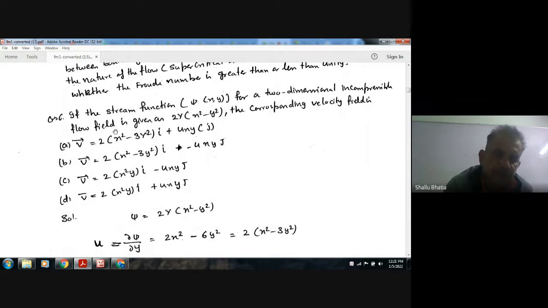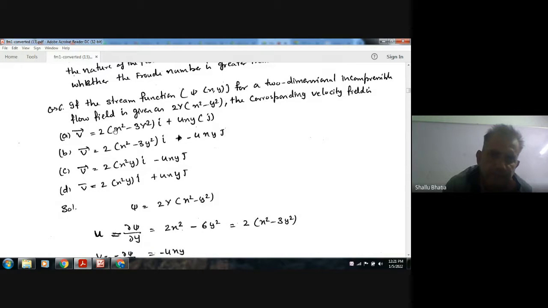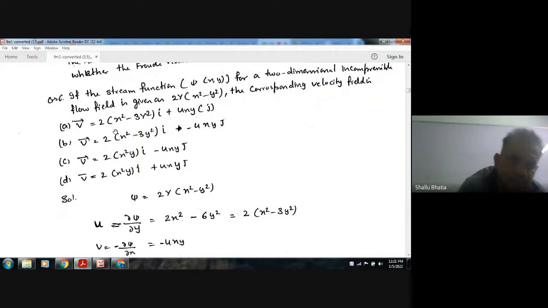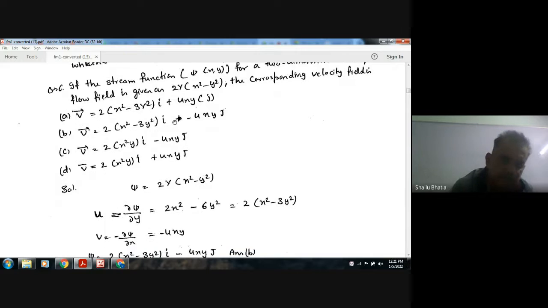Next, the stream function psi is given for a two-dimensional incompressible flow field as 2y times bracket x square minus y square. What is the corresponding velocity field? Now, in terms of stream function, we have velocity u equal to partial psi by partial y.